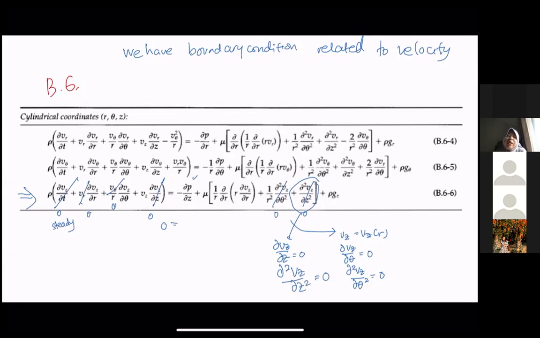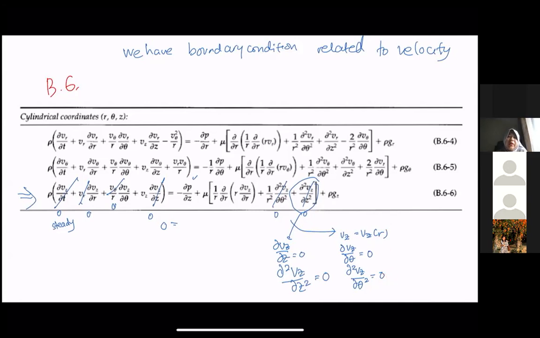That is the relation between the first and second derivative. If the first derivative is a function of something, for example 2x, then the second derivative is 2, so you have a value. But if the first derivative is equal to 0, then the second derivative is equal to 0 as well.